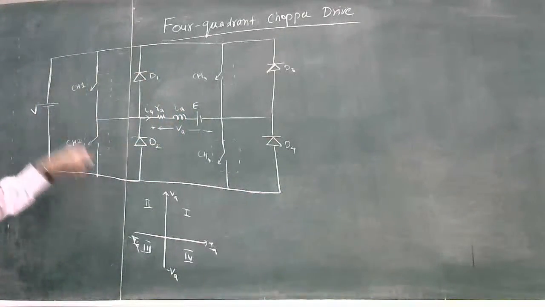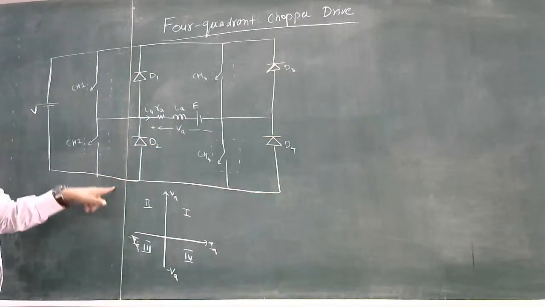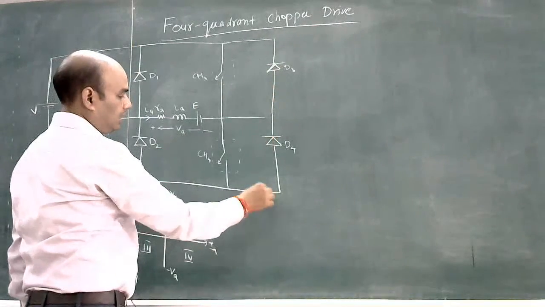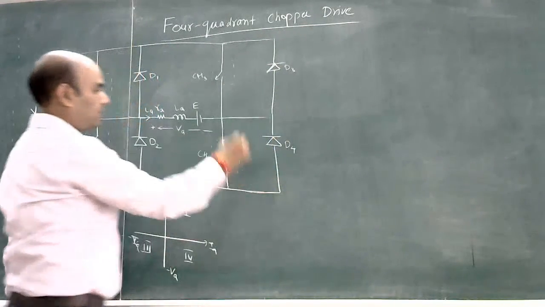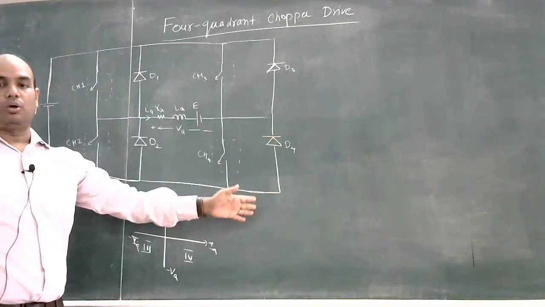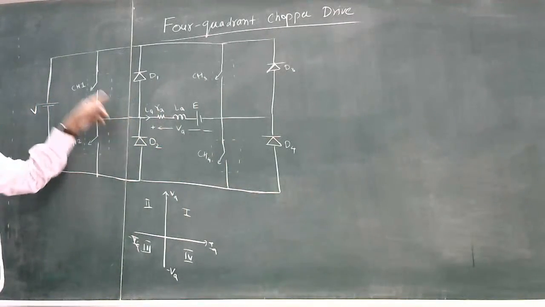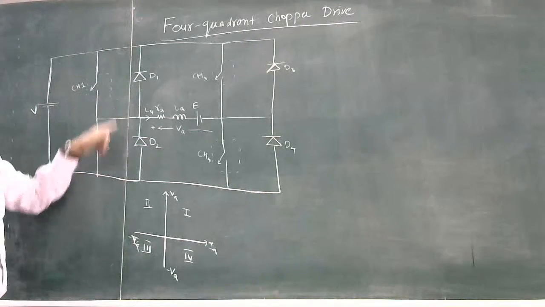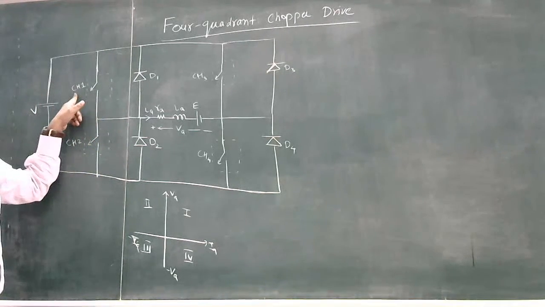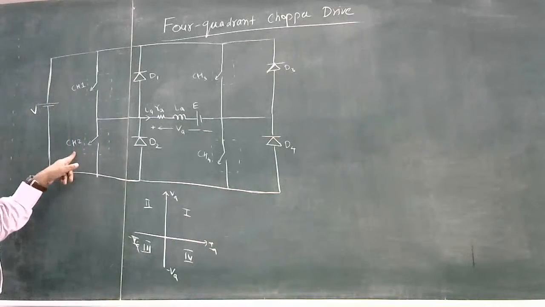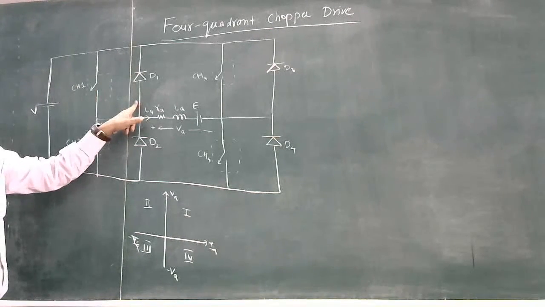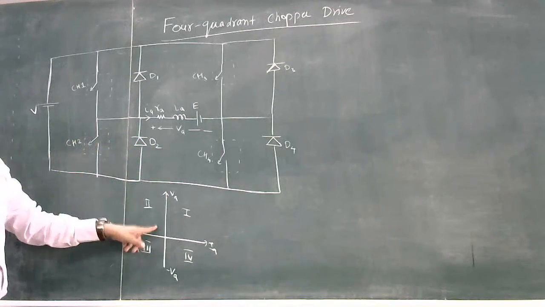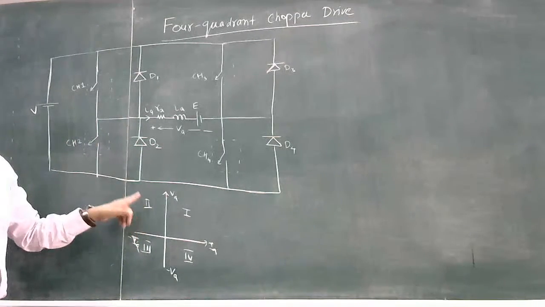This left-side A-type chopper works in two quadrants, and the other A-type chopper works in the other two quadrants. CH1 will be in motoring mode, and switch 2 will operate in the second quadrant, that is reverse regenerative.